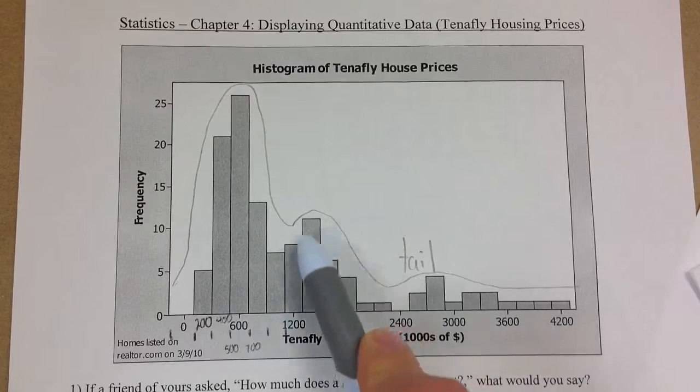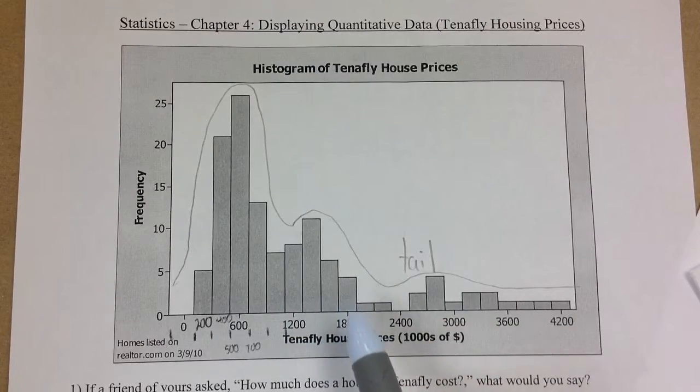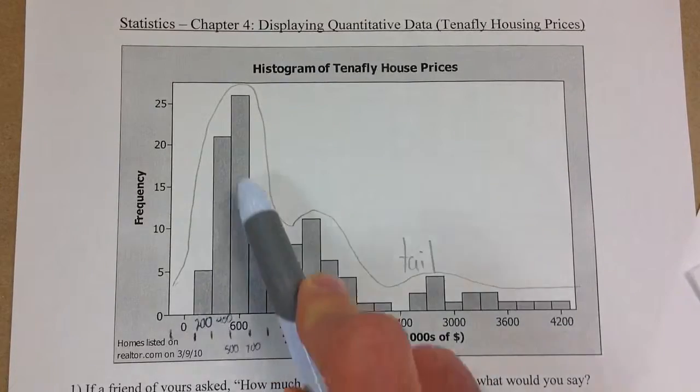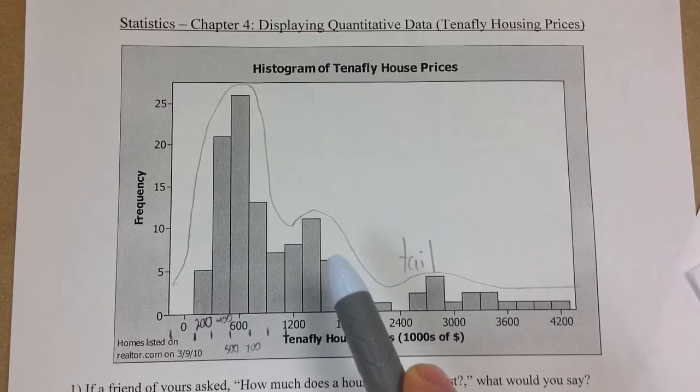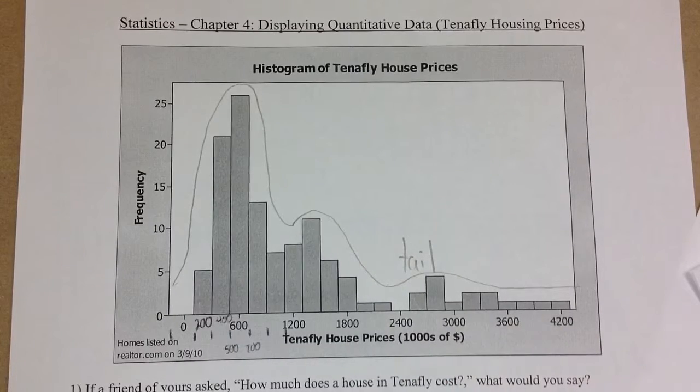Maybe the people who live in these homes are people who work in Manhattan, whereas people in these homes are people who work on the west side of the Hudson. These are conjectures, but I want you to think about possibilities, because that's what we do with statistics.